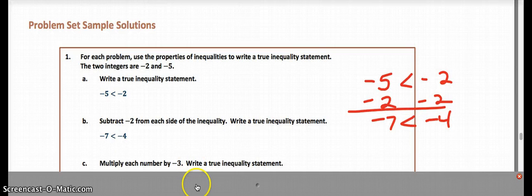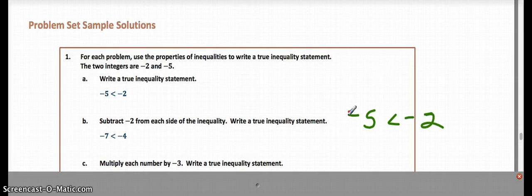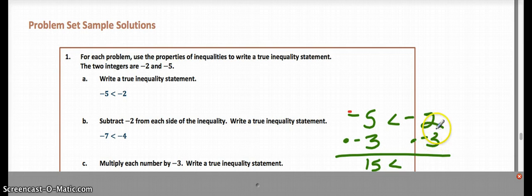Part C. Now you are to multiply each number by -3. So we go back to that original, -5 is less than -2. We want to multiply each side by -3. -3 times -5 is 15, is less than -2 times 6.